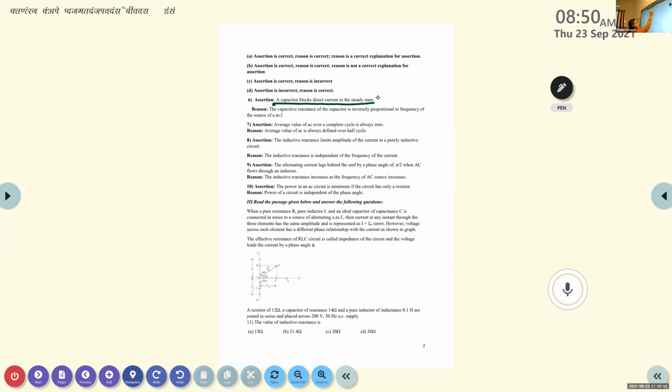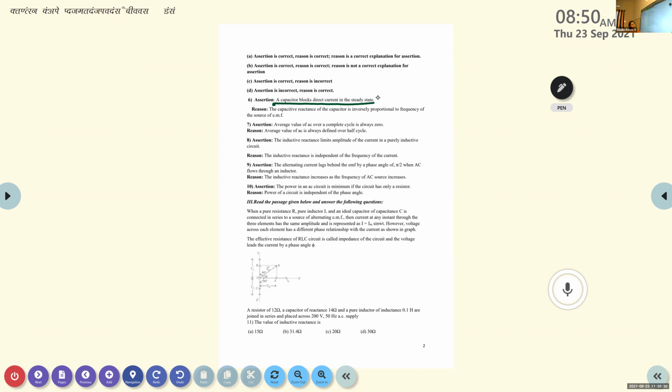The assertion is that a capacitor blocks direct current in the steady state. The explanation is that the capacitor offers a high resistance if it is connected to a DC voltage source. The resistance offered by the capacitor is known as capacitive reactance.